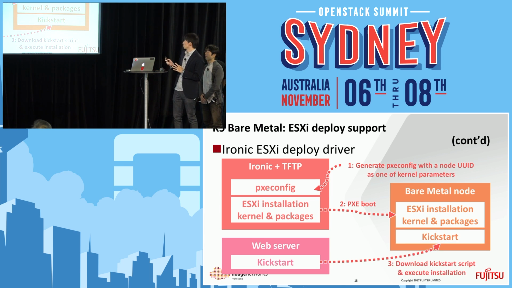And third, download ESXi Kickstart script from some web servers and execute the installation process. And finally, the Kickstart script retrieves some parameters like the node UUID or the IP address of Ironic controller and sends heartbeat to Ironic controller after the installation finished successfully.